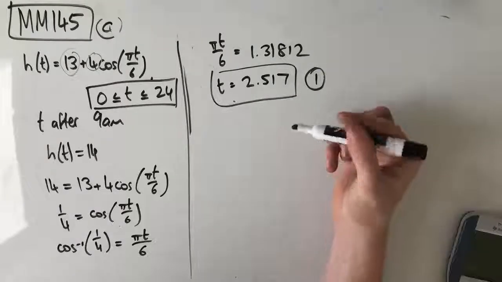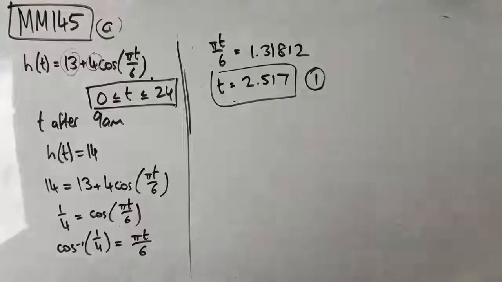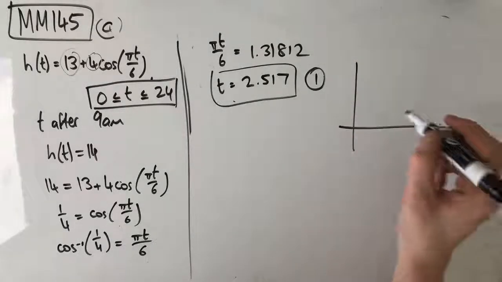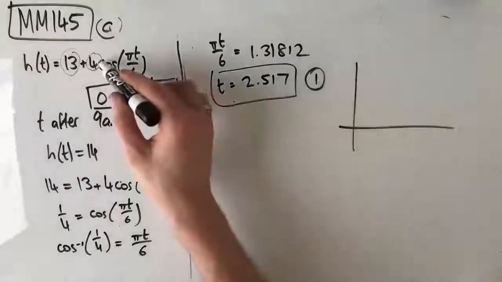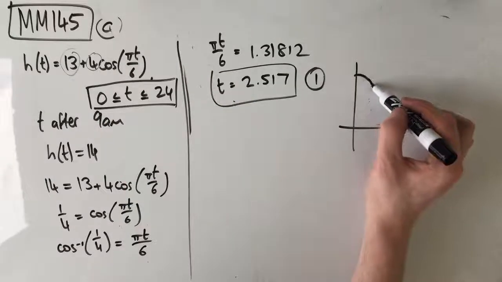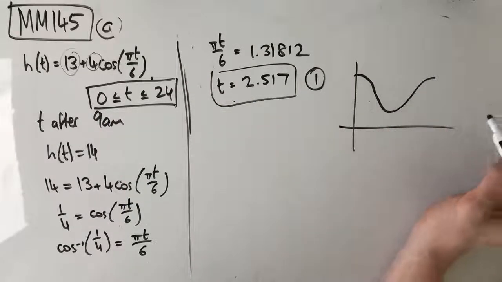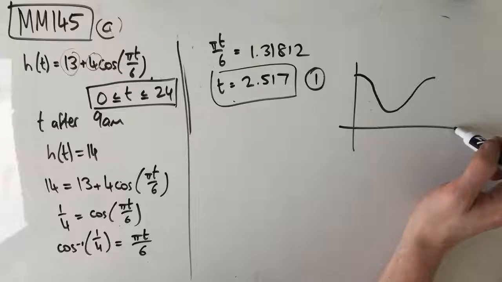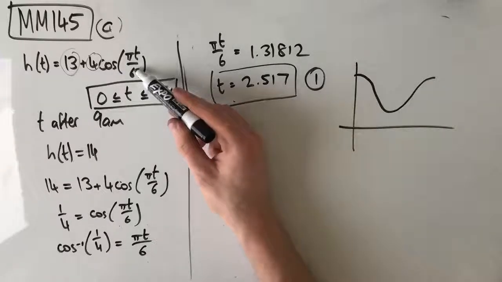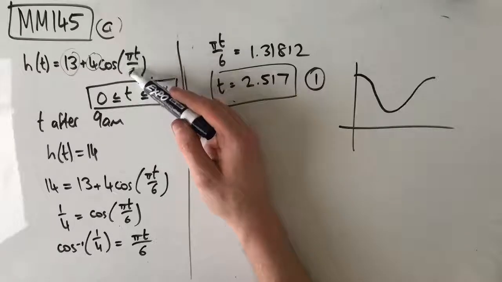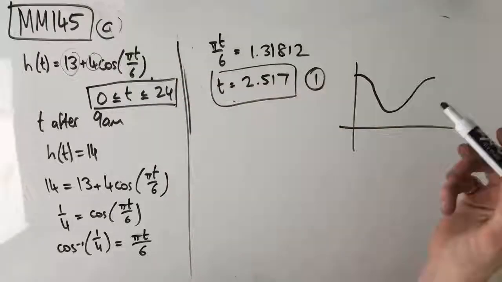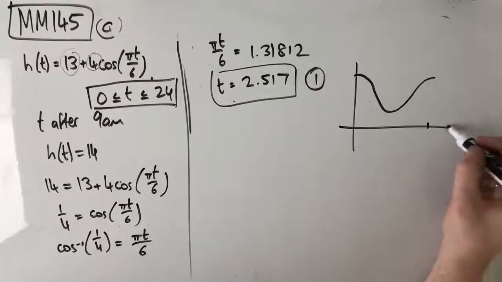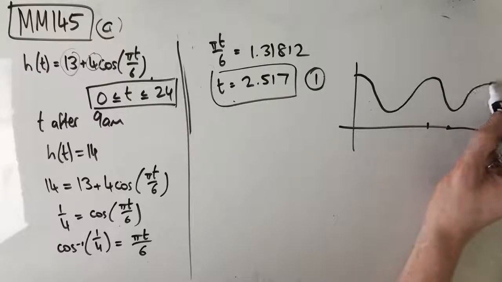Okay, so let's take a look at y for a second. So our graph is going to look something like, it's a positive cos graph, which means it starts at the top and goes down like this, and our graph has a period of 12, because 2 pi over pi over 6 is 12, which means we're going to have 2 cycles in the 24-hour period.